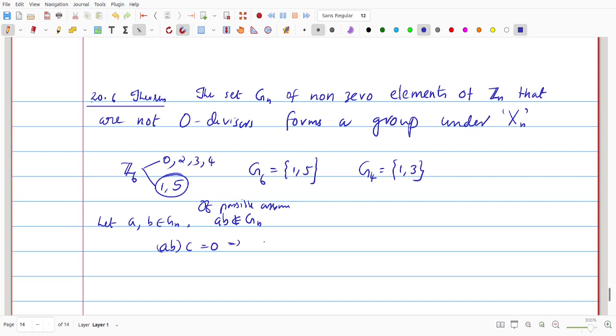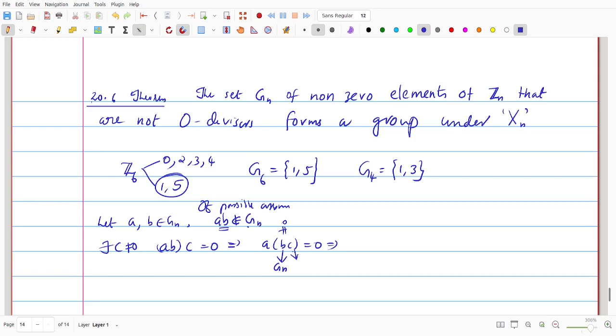Now this implies that AB into C equals 0, which implies that A into BC equals 0. Since B is an element of Gn, B is a non-zero quantity, and C is a non-zero quantity, we started with C. That means if AB is not a member of Gn, then there exists C not equal to 0 such that the product is 0, because AB is a zero divisor.